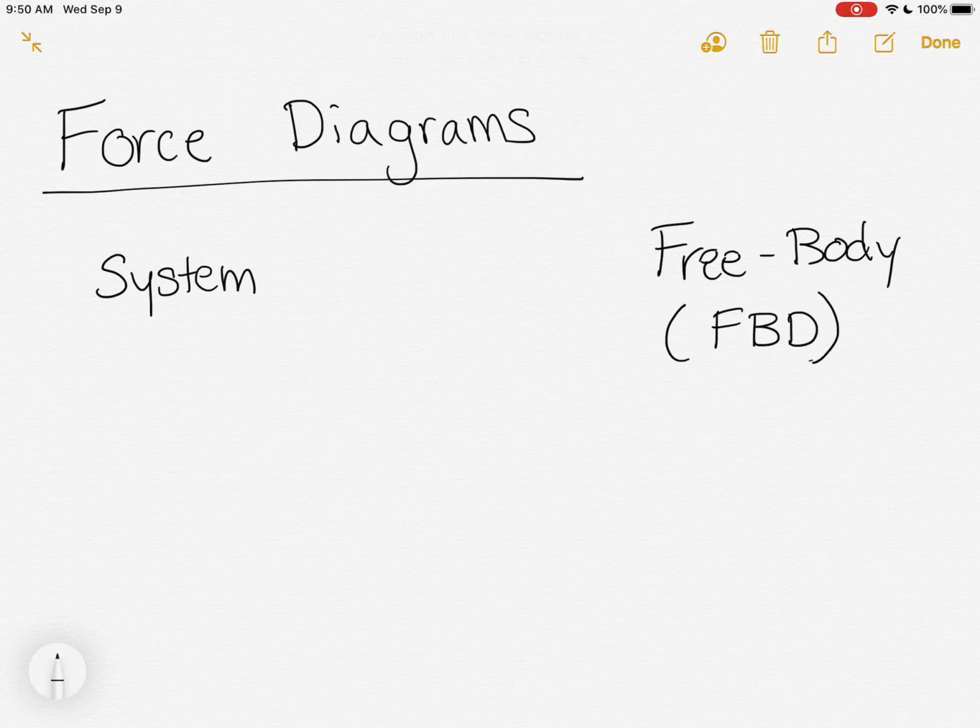Okay. So a system diagram is going to be an actual picture of what's happening.